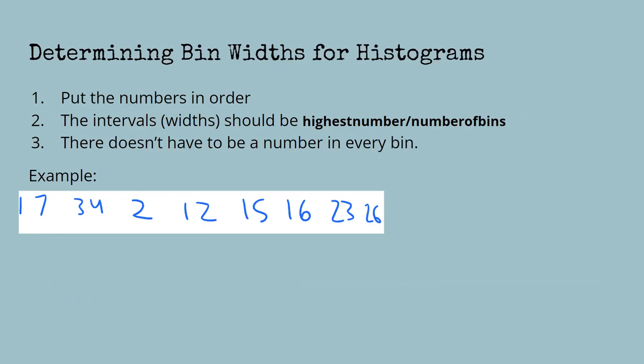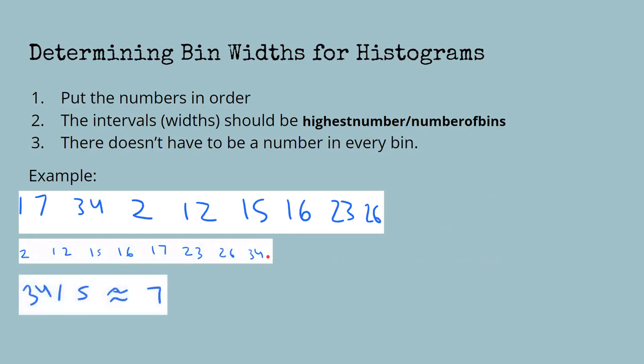See these numbers? All right, let's put them in order. There you go. Now, to show what the intervals will be, remember how before we had 0 to 5, how do we figure that out? Well, we're going to do the highest number divided by the number of bins that we want. It kind of just depends, but let's just say we wanted 5. So the highest number is 34. So that means every interval should be 7.